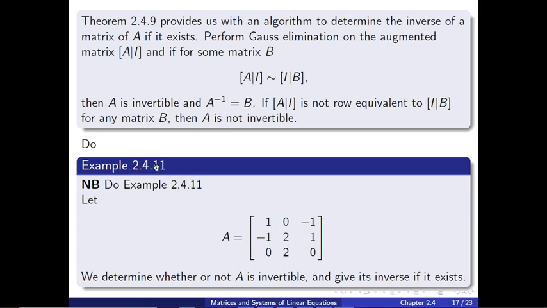We are going to look at 2.4.11. Right. So it says let A be equal to the matrix [1 0 -1; -1 2 1; 0 2 0]. So we determine whether or not A is invertible and give its inverse if it exists.